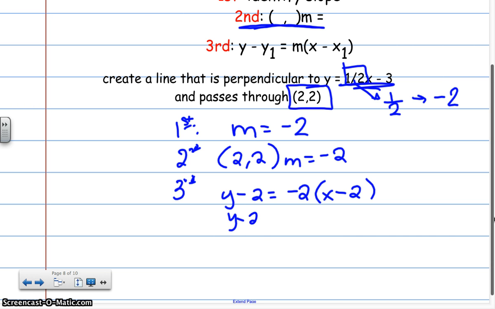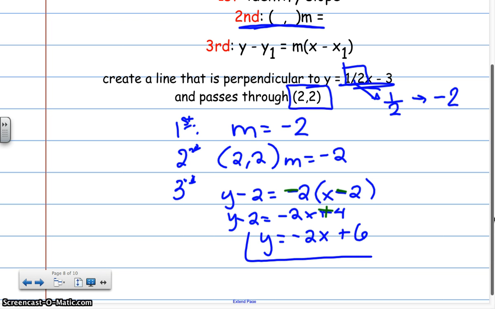Y minus 2 is equal to negative 2x plus 4, because the negative and negative turn to a plus. And now I'm going to add 2 to both sides, and I get y is equal to negative 2x plus 6. That is an equation that is perpendicular to the first equation we were given.